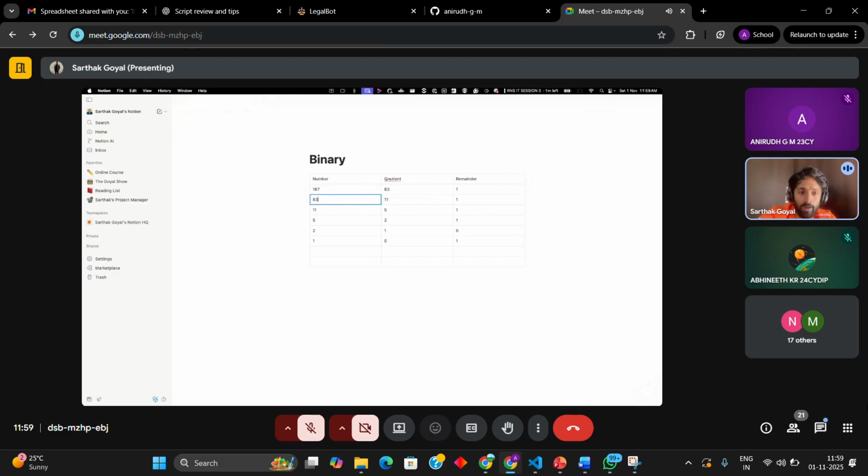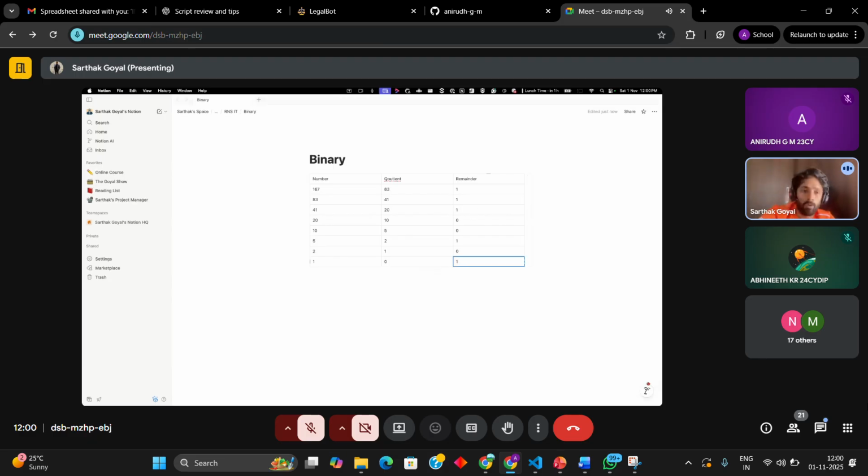So 83, and it's going to be 41 here. 41 would give us 1 as the remainder. 41 divided by 2 is going to be 20 and 1. 20 is going to be 10, 0. 10, 5. 5, 2. 2, 1, 0. 1 divided by 2 is going to be 0.